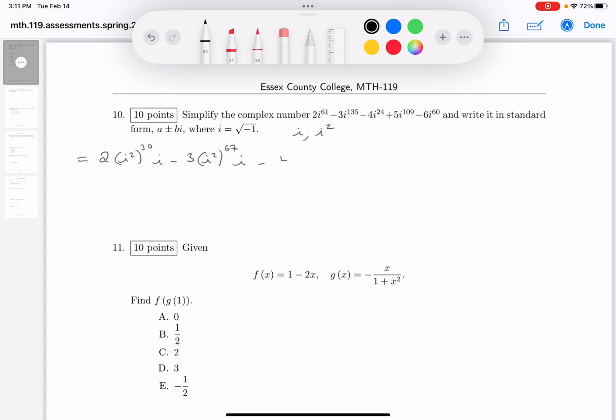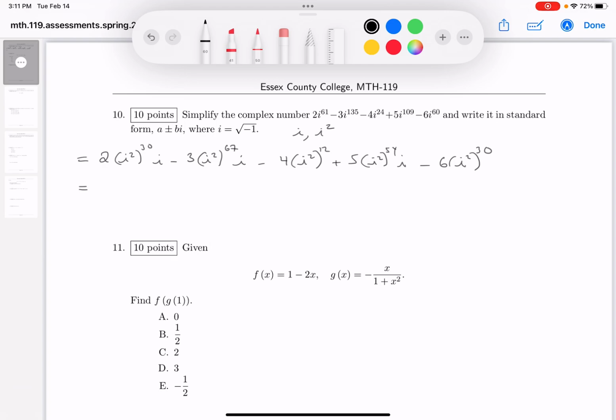Minus 4 i squared. That's 24, so a 12. Plus 5 i squared. And that's going to be 54. And then you can get an i. Minus 6 i squared to the 30th power.